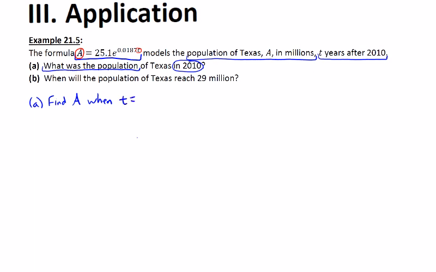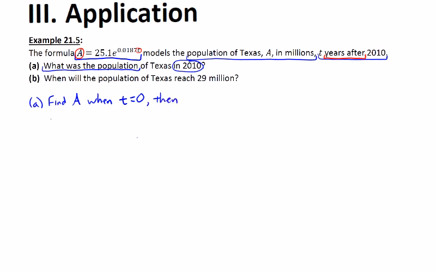It's not possible to find a value for A without being given a value of T to substitute into the equation. So if we're talking about in the year 2010, and T represents the years after 2010, then that means that there haven't been any years after 2010. If we're still in the year 2010, then no years have passed beyond 2010. So therefore, T would have to equal 0.